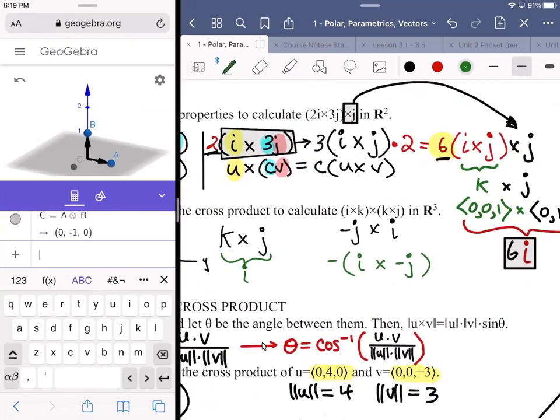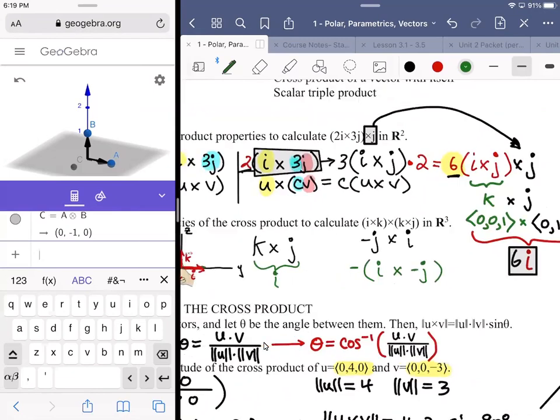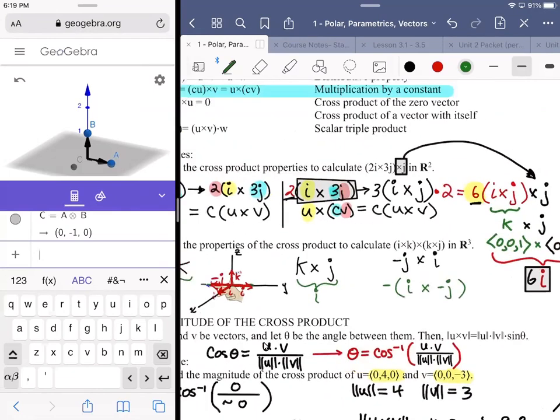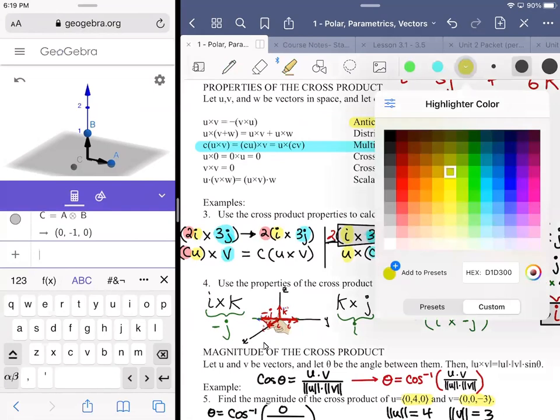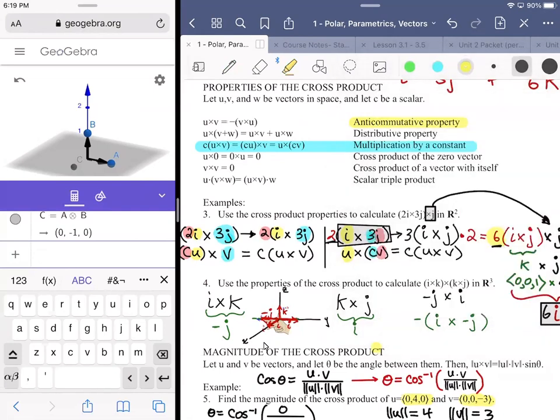Right. But one of the other properties that we learned about involved a coefficient multiplication by a constant, right? So I applied the first property. So if we are using properties here, I applied the first property to get us to this step here, the anti-commutative property.